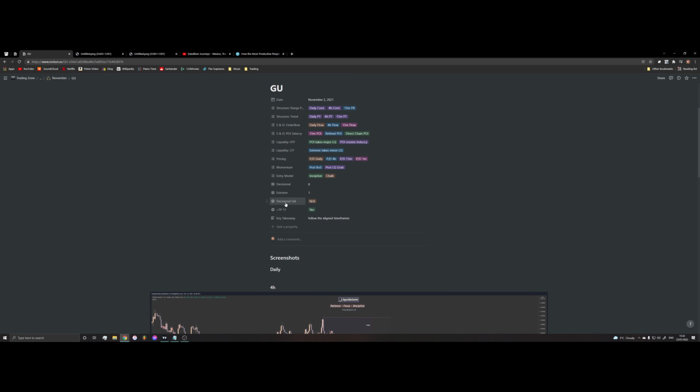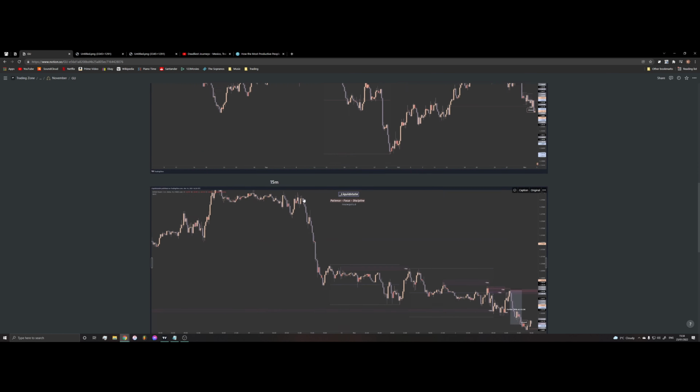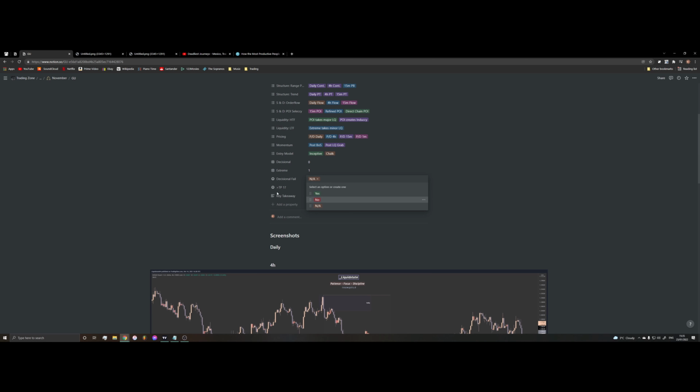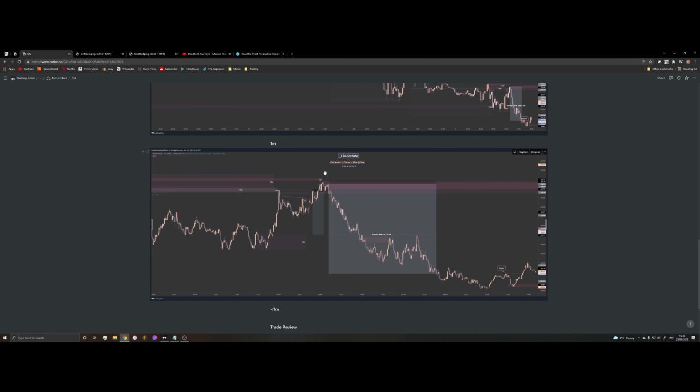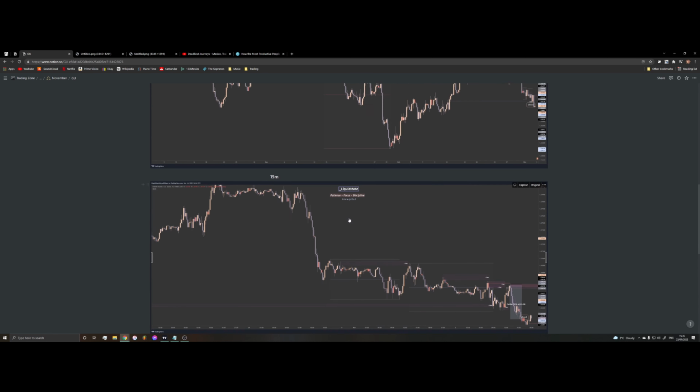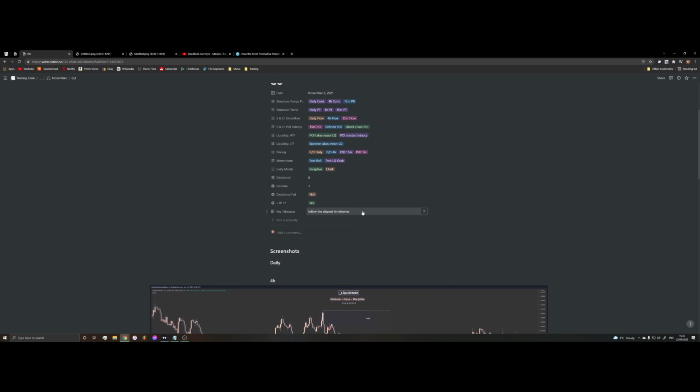Then I'll map the decisional failure, which I put NA, not applicable, for this one, because we basically just change character, and there's not really a decisional here. It just comes straight back up to the extreme of this first 1M shift, and then we start dropping lower, so it's not applicable in this scenario.